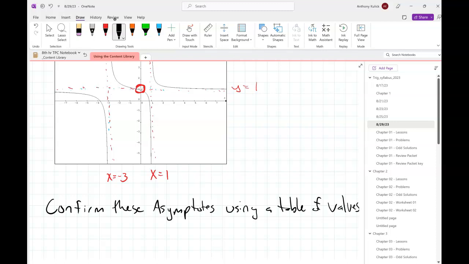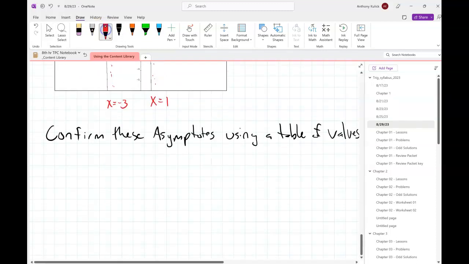So this would be like potentially if Mr. Kulik gave you a problem like this on a test or a quiz or whatever, this would be how you'd show your work, right? So let's start with the vertical asymptote x equals -3. So I'm going to make an xy table here.